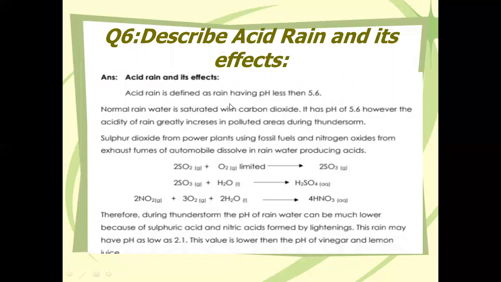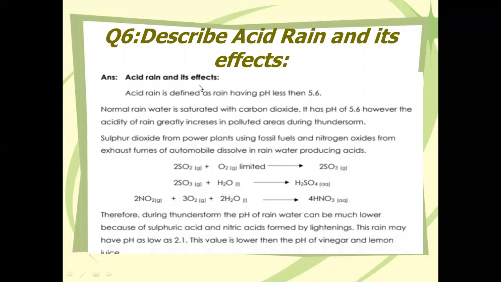Because I told you that 5.6 is the pH of normal rain, and that 5.6, which is a slightly acidic pH, is because of the carbonic acid. Carbon dioxide dissolves in rainwater and forms carbonic acid, which is normally present in rainwater, and that's why the pH of rainwater is acidic, that is 5.6.